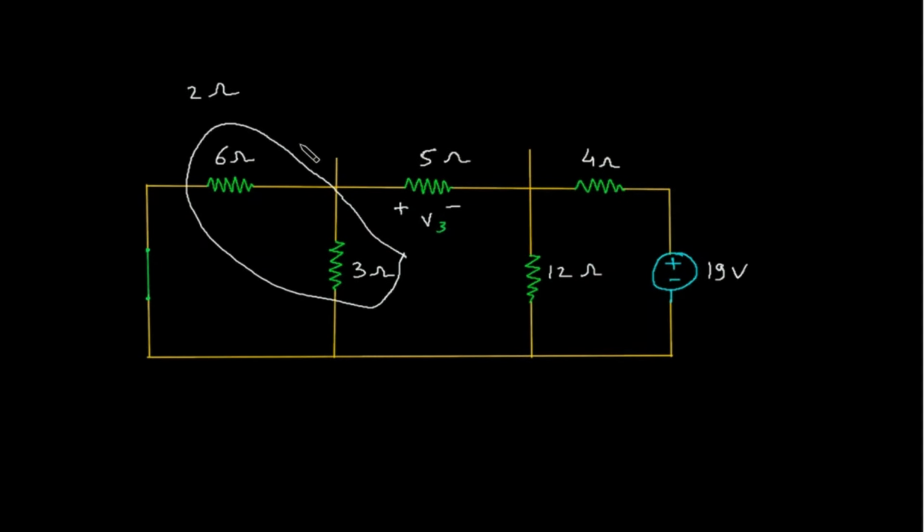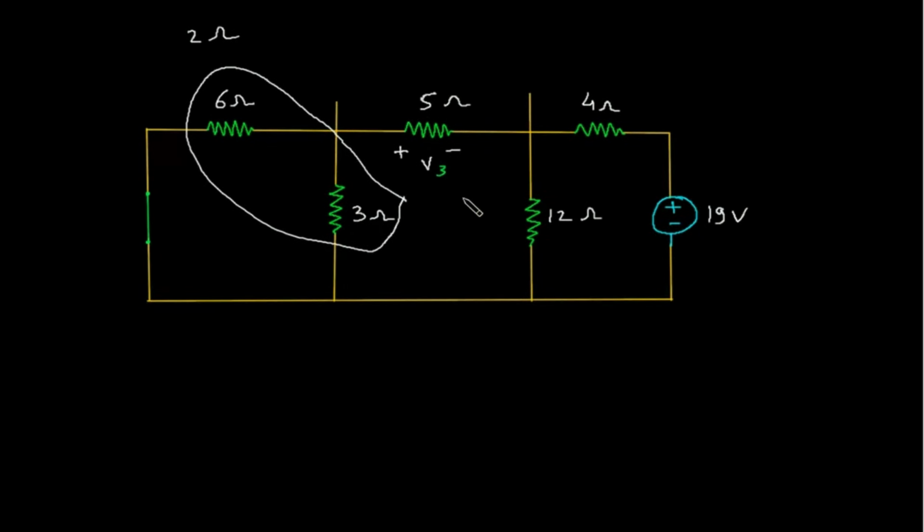Now this 2 ohm is in series with 5 ohm, so this will be 7 ohm.